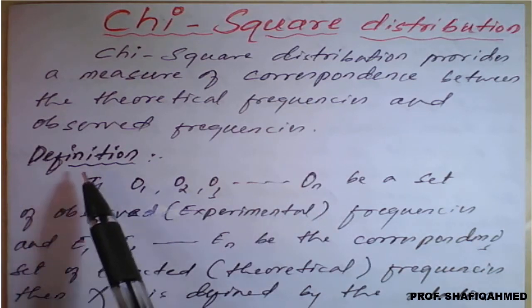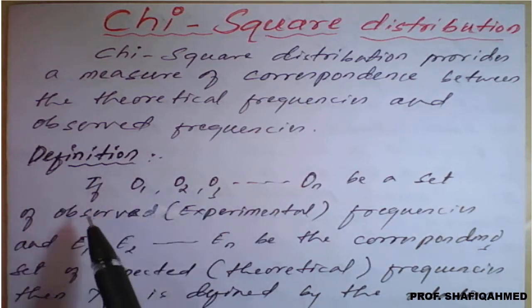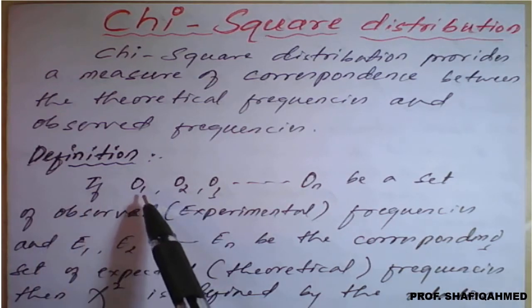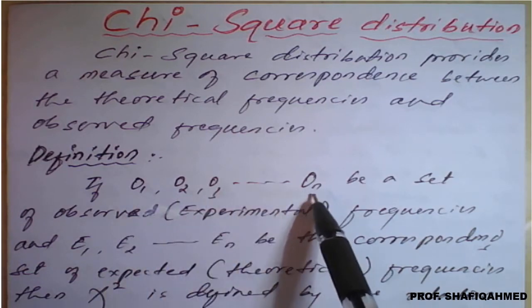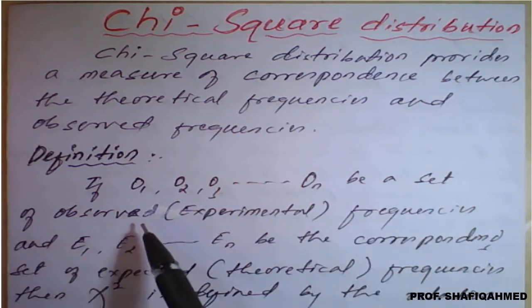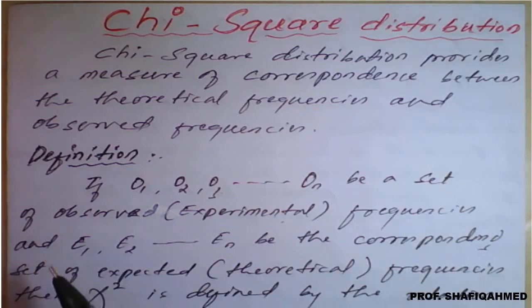So here is the definition for this chi-square distribution: if O1, O2, O3, and so on, On, where O stands for observed, be a set of observed, that is experimental, frequencies, and E1, E2, and so on, En, be the corresponding set of expected, that is theoretical, frequencies.